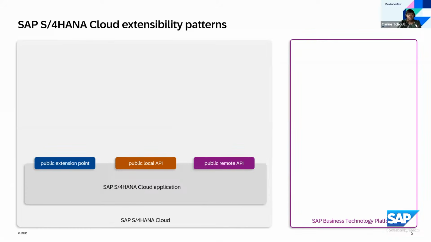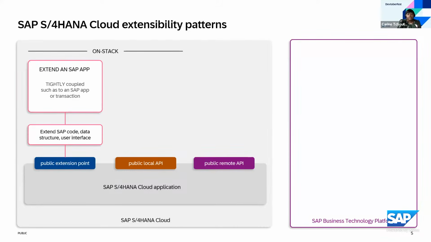There are regular system updates and upgrades, and it's important that the extensions, the custom code that runs on top of our platforms and solutions, is stable. For that, we have a clear new rule: only public SAP APIs and extension points are allowed to build custom code.